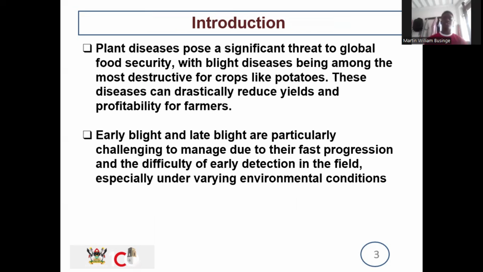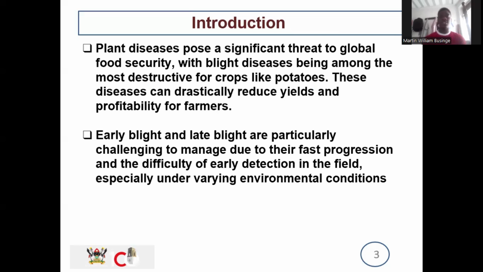So plant diseases, as we all know, pose a significant threat to global food security, with blight diseases being among the most destructive for crops like potatoes. Agriculture is very important because it provides food. Without agriculture, we do not have food security.